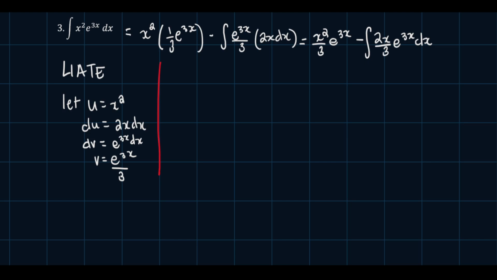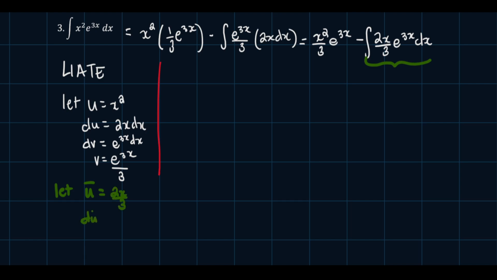Now, yung integral na nakuha natin, we again have to use integration by parts. Okay? So this time, dito sa integral na to, we again have to use integration by parts. So, let's say u bar be equal to 2x over 3.